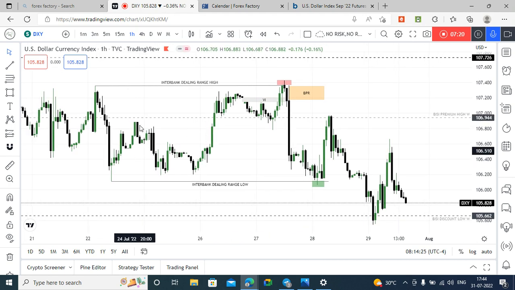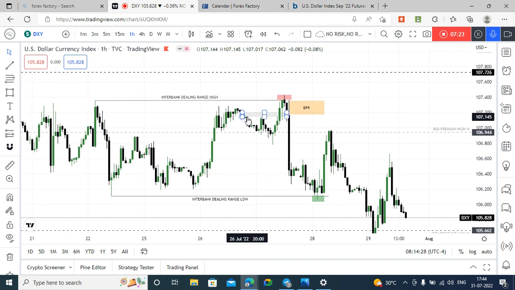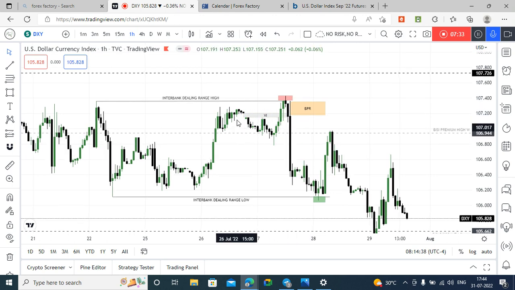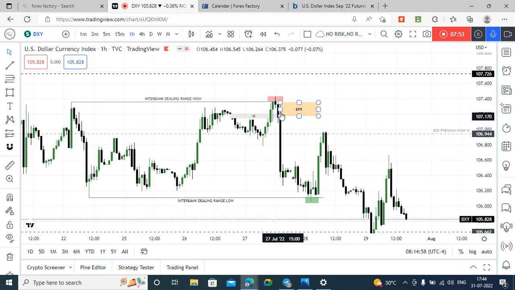Sloppy movements. And on the 27th, which is Wednesday, price created a volume balance, and price filled this volume balance and took some buy side liquidity above the interbank range, and market makers moved the market to the downside and took sell side liquidity. See guys, this is a classic AMD pattern, an ICT pattern.